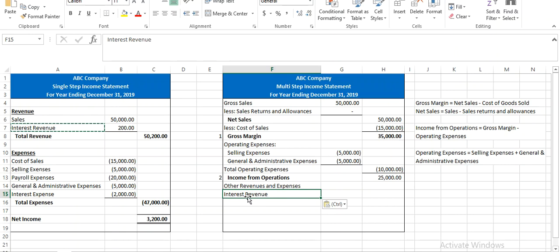Depending on how many revenues and how many expenses there are, we would add them together and then add them together again. But because there's only one interest revenue and only one other expense, we're just going to add that at the bottom here.